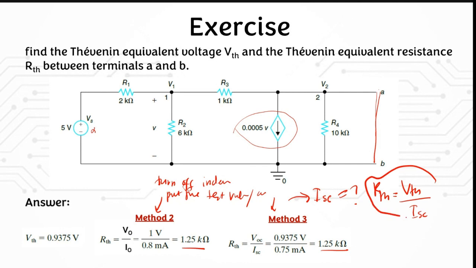So you can use this value. So that means if you're using method 2, you need to turn off the source and put the test voltage or current here. And if you're using method 3, just put the ISC here, calculate ISC, then divide VTH by ISC, and you can get your RTH. So you might try using method 2 or method 3, then you can get your answer.